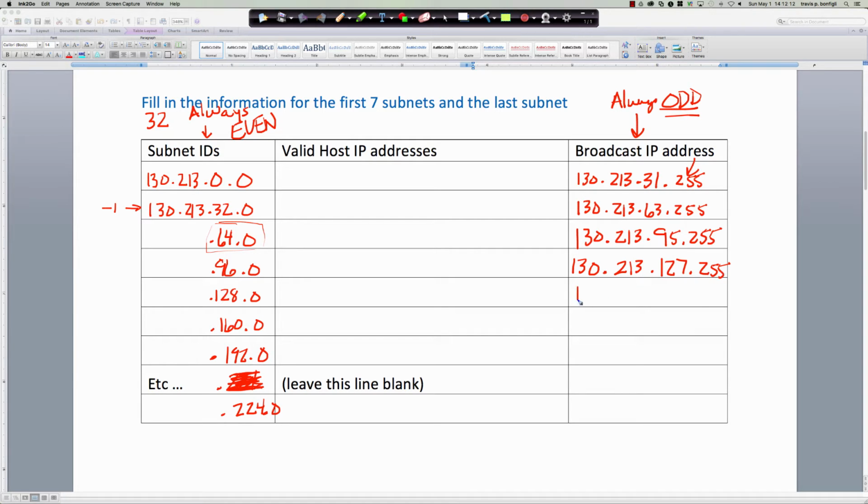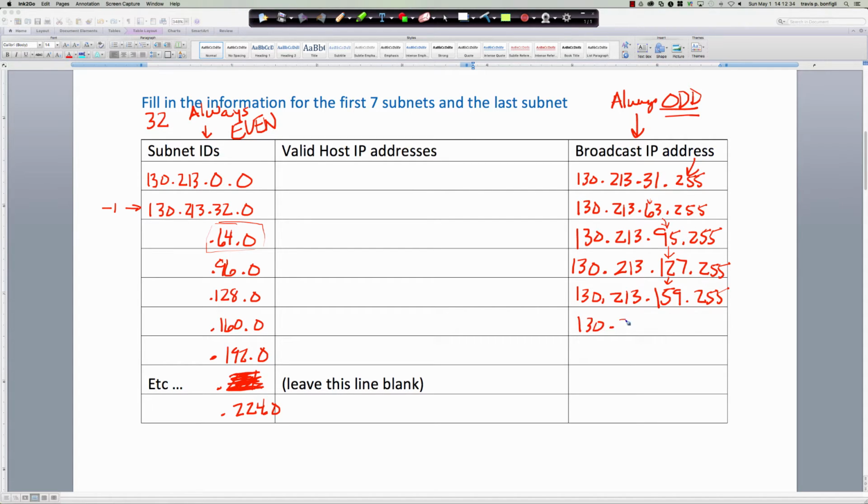130.213.127.255. And then we have 130.213.159.255. And you'll notice that these are going up in increments of what? Exactly 32. So I don't even need to look over here for the next one.